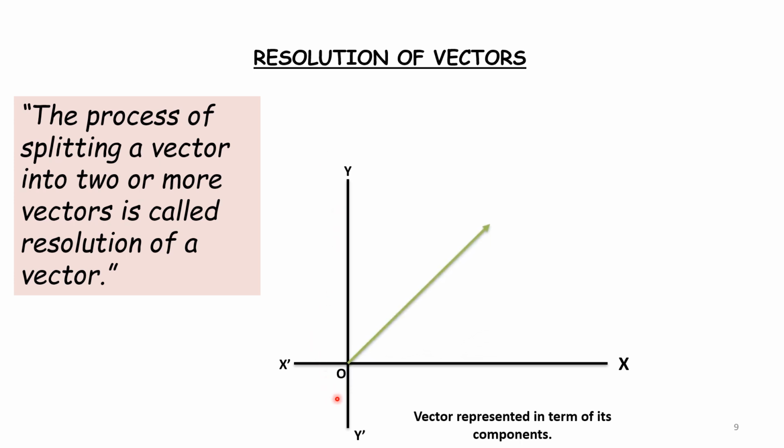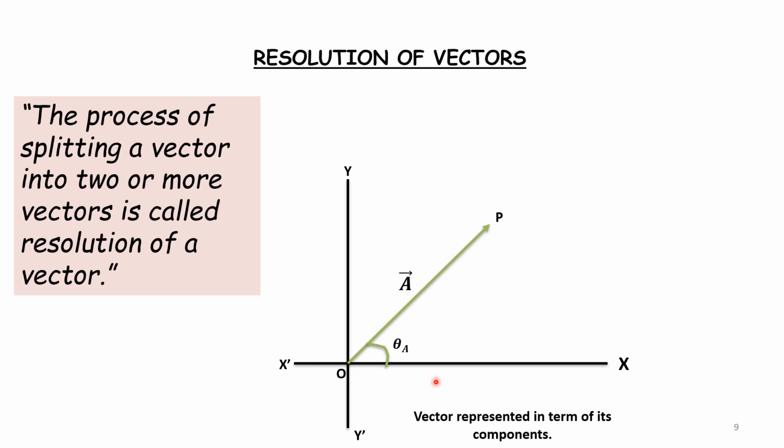Now let's consider a vector A that makes an angle theta A with the x-axis, right? Notice that the vector A isn't aligned with either the x-axis or y-axis, so we want to break it down into x and y components.